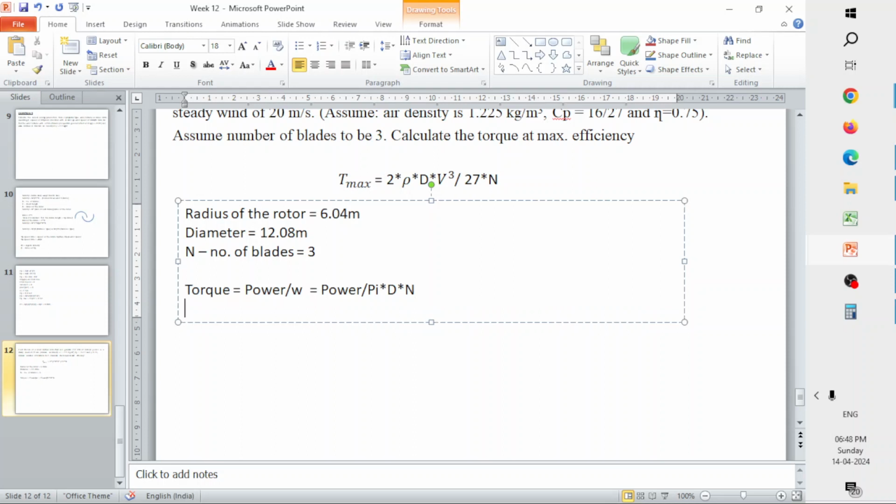This power is the overall efficiency, so you take the mechanical efficiency eta into account times P total, the power available in the wind, times Cp.